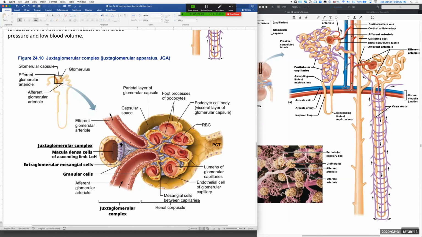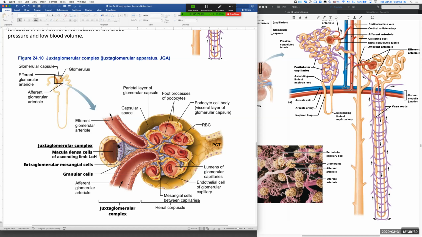In this structure, these cells are located on, some textbooks will say, the end of the ascending limb of the loop of Henle. Some textbooks will say it's the beginning part of the distal convoluted tubule. Either one is fine on a test. I'm not gonna have you pick between the two as multiple choice.